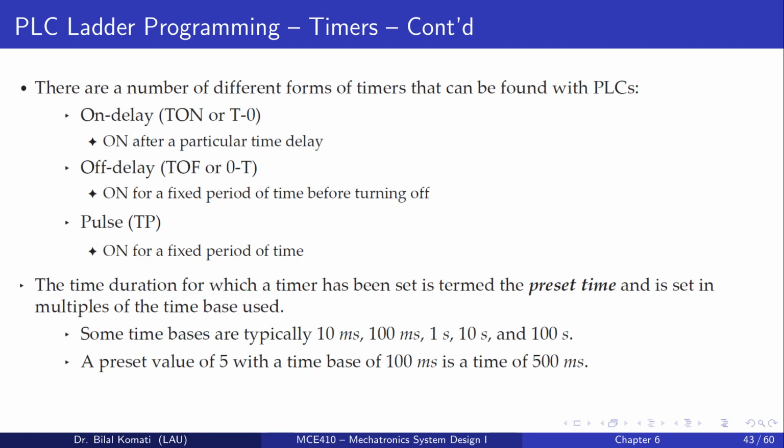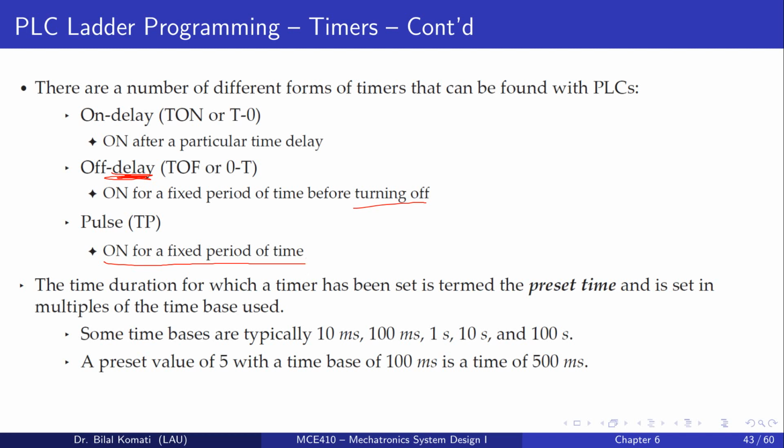The on delay, as the name indicates, will turn on the output after some delay, while the off delay is on for a period of time before turning off. So it will be turned off when the timer is finished. And we have the TP, the pulse timer, and this one is on for a fixed period of time, so it will give pulses.